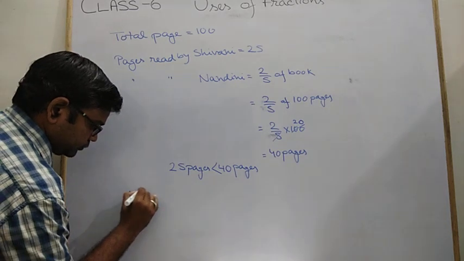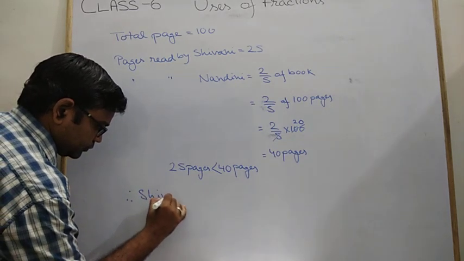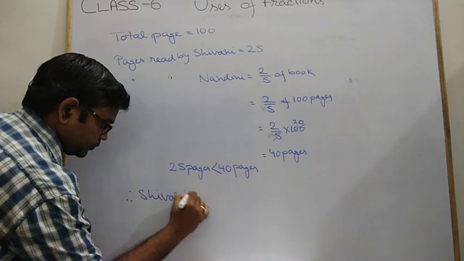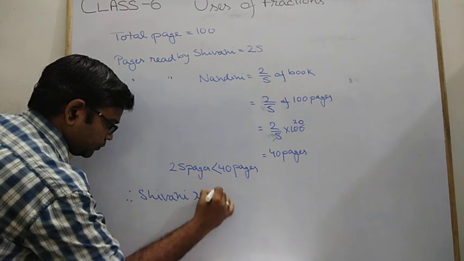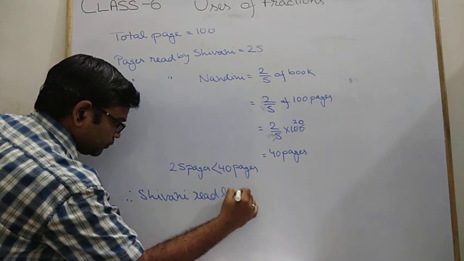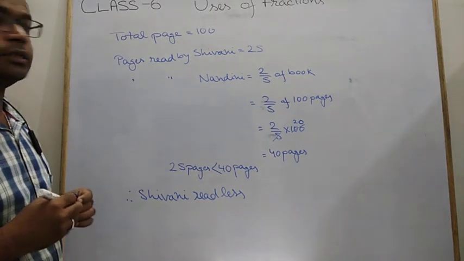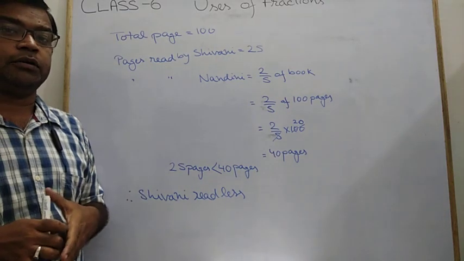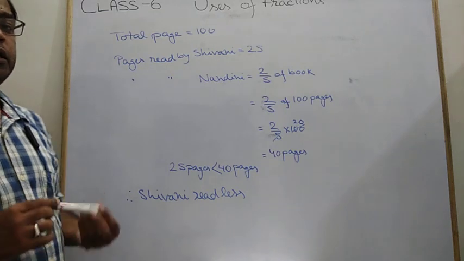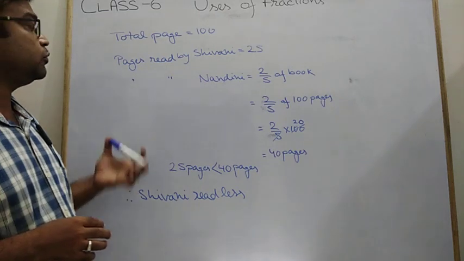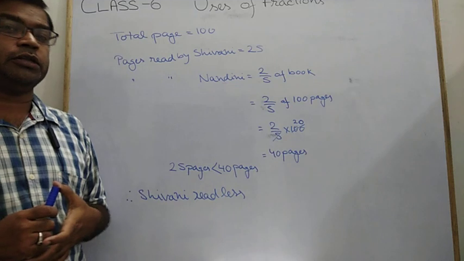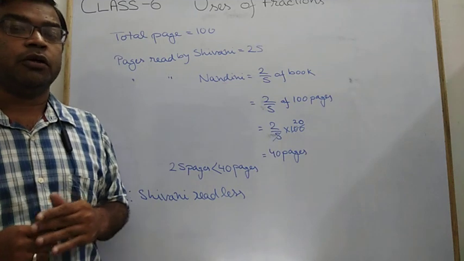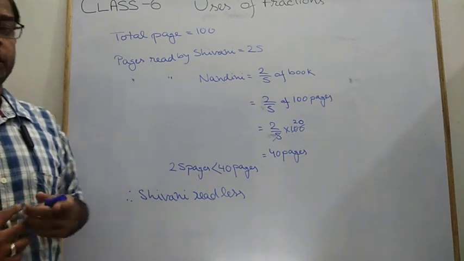Therefore, Shivani read less part of the book. This is a type of question. One more question we discuss and we end today's work. We complete the fraction. Hope you are able to understand.